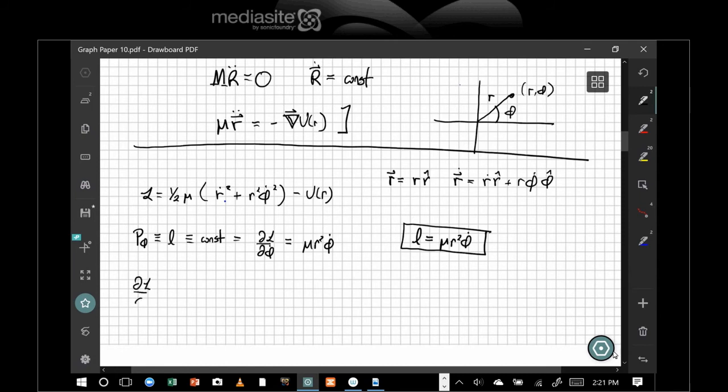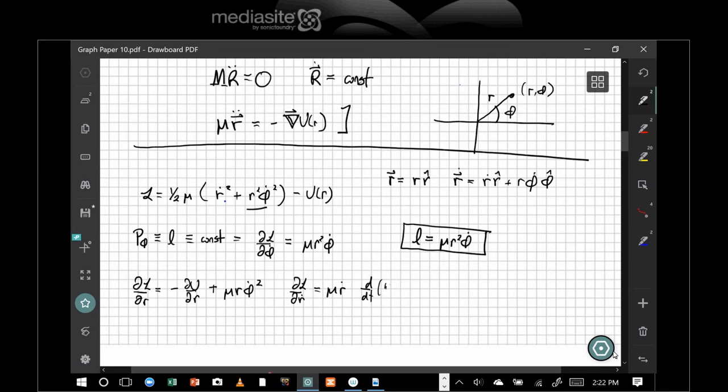And that's equal to partial L with respect to phi dot, which gives me mu r squared phi dot by taking the derivative. That is the angular momentum of the system. So my one main equation of motion is that L, which is a constant, is equal to mu r squared phi dot. Okay, so that's one equation of motion there.